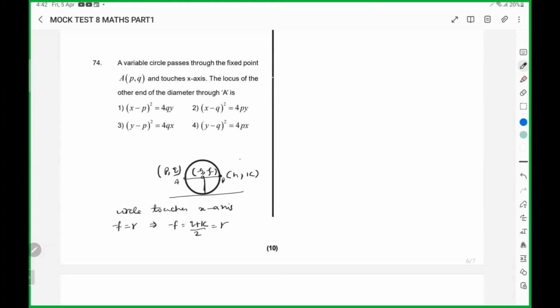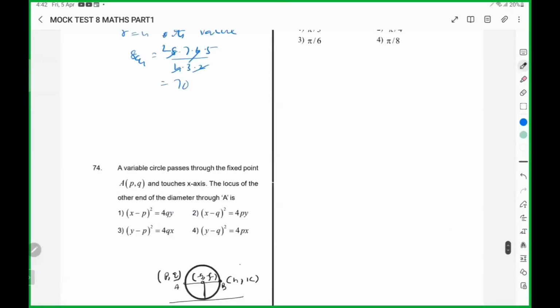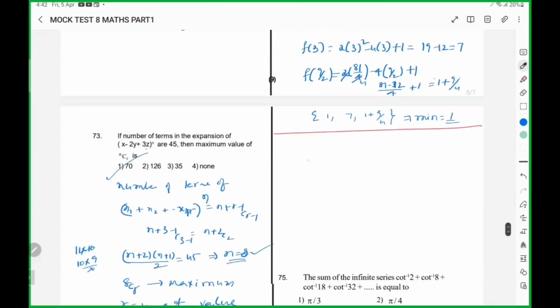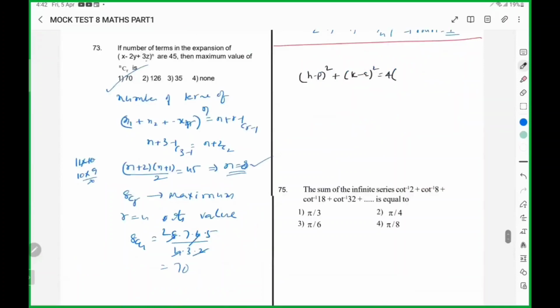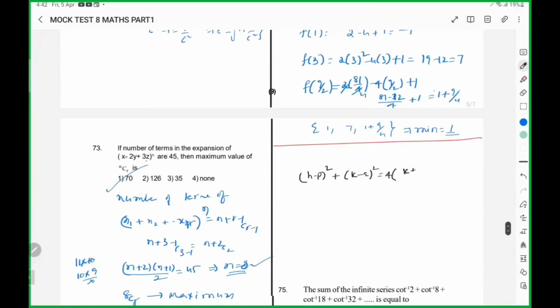So here AB is the diameter, which implies h minus p whole square plus k minus q whole square is 2r whole square. H minus p whole square plus k minus q whole square is 4 times r square. r is nothing but k plus q by 2.